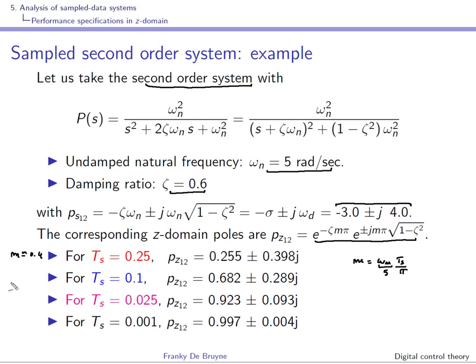This is m is equal to more or less 0.16. M is more or less 0.04, and this is m more or less 0.0016, right? And you can see indeed that the poles move to a double pole in z is equal to 1, and we can now illustrate this on a diagram.